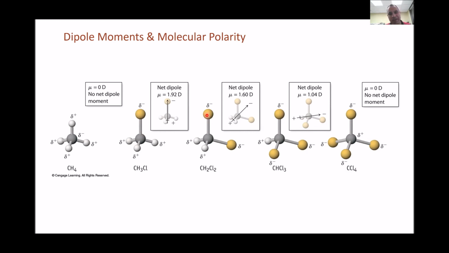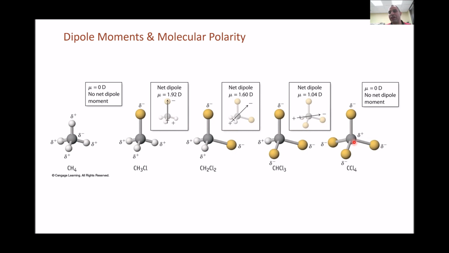If you replace two hydrogens with chlorines, there is a different dipole moment along these two bonds in comparison to these two bonds, so they will not cancel each other and the molecule is going to be polar overall. Same thing here, three bonds with one type, fourth bond with a different type means it's not going to cancel each other overall and the molecule is going to be polar.